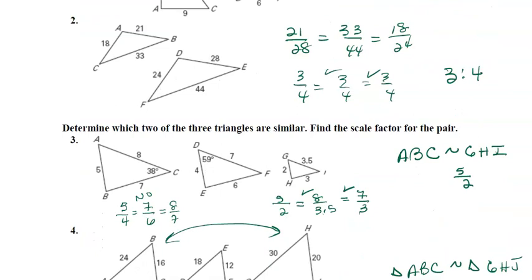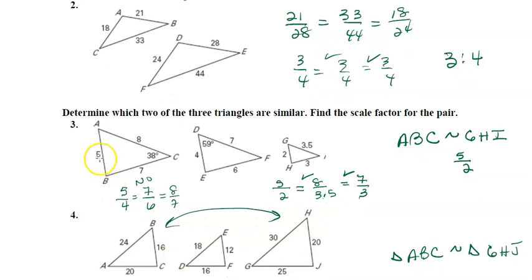Okay, same thing here. It's another side, side, side, because I first tried to get angles involved. And since these angles are not the same, I have no angle here, and I can't figure out any other angle. So I have to just revert to side, side, side.